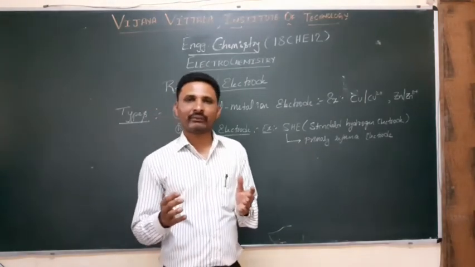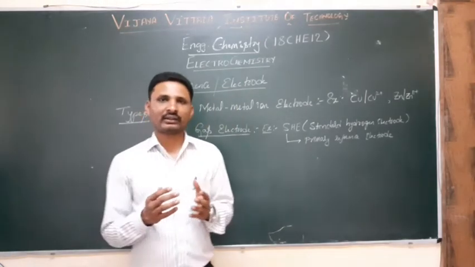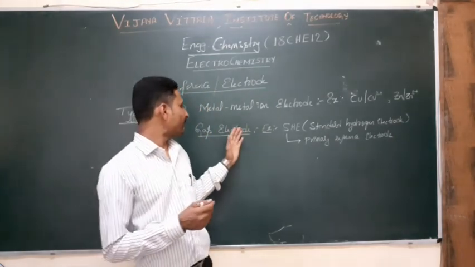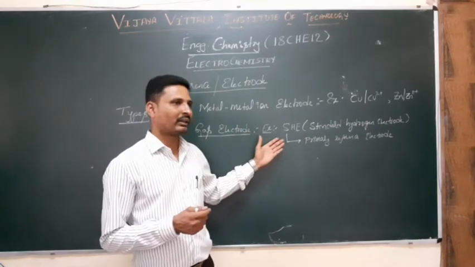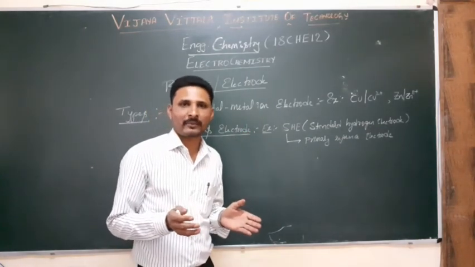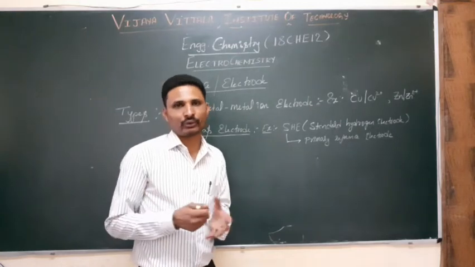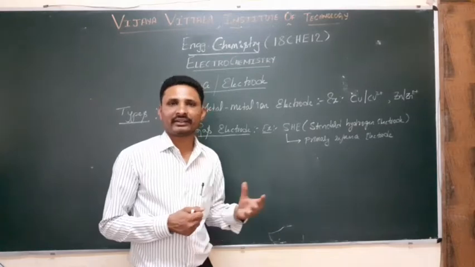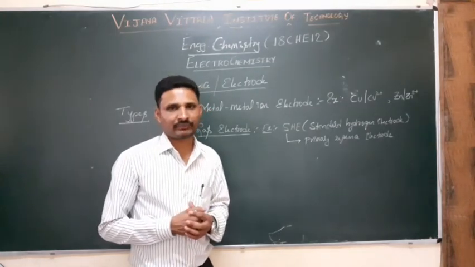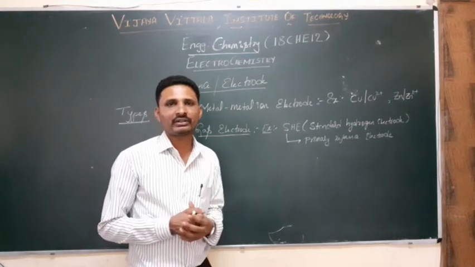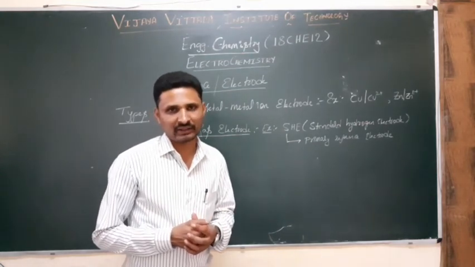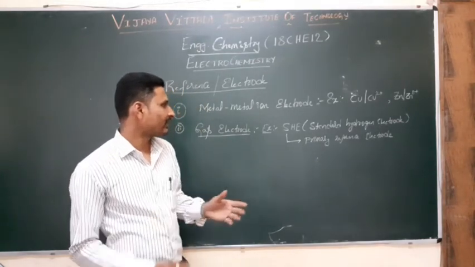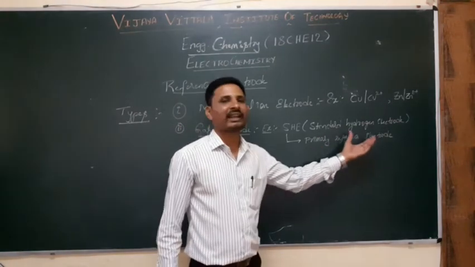We need a well developed technology, and maintaining the installation and equipment costs more, and handling this instrument is very difficult. That means we need to pass the hydrogen gas at 1 atmosphere. That is difficult, so that's why nowadays we are not using this primary reference electrode.